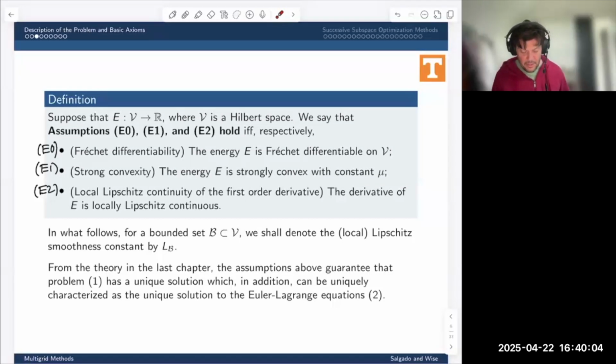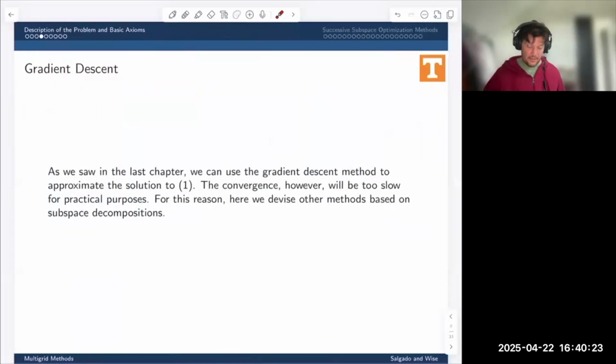From these assumptions, and from the theory in the last chapter, we can always guarantee that our problem has a unique global solution, a unique minimizer, and that minimizer also solves the Euler-Lagrange equation. That's all basic stuff for us now.